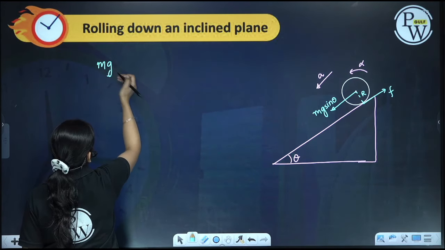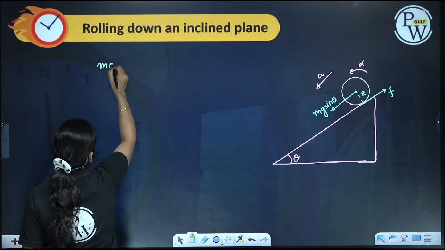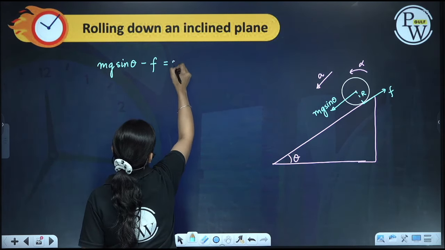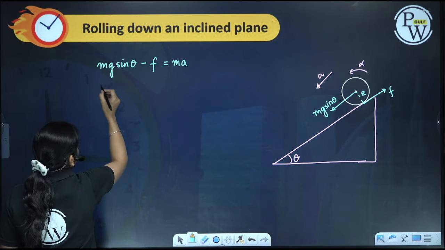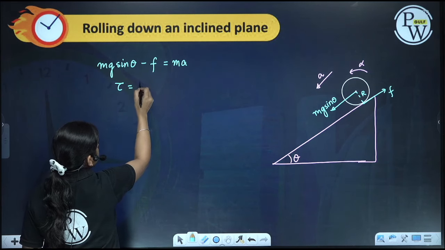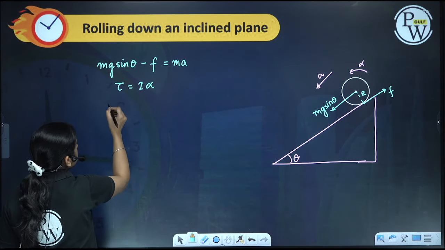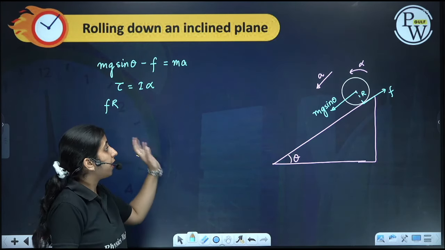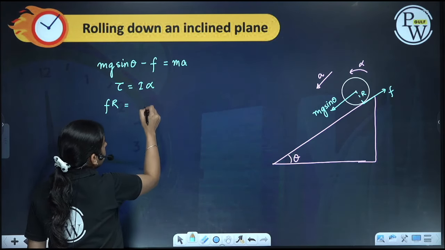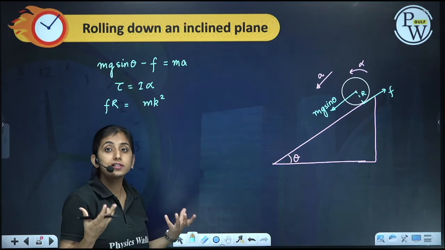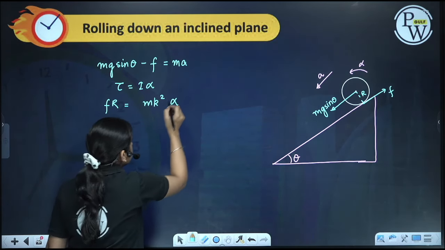We will get mg sine theta minus f is equal to ma, force is equal to mass into acceleration. Tau is equal to I alpha. So what is the torque? Friction is providing the torque, F into R will be the torque, m k square is my moment of inertia, k is its radius of gyration, into alpha.